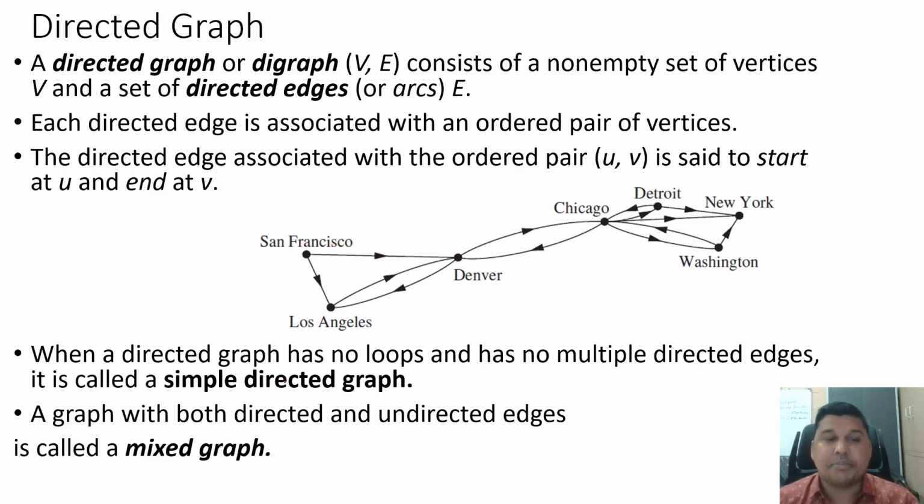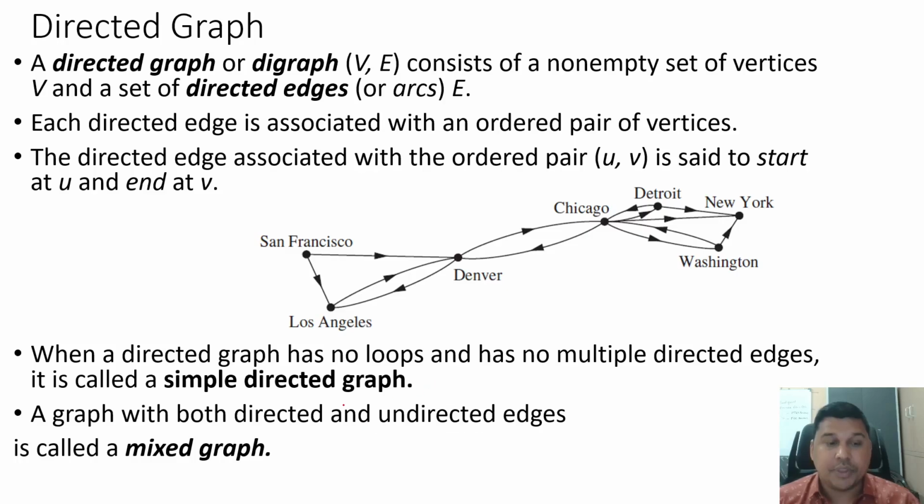Again the same thing, if it has no loops and no multiple edges, then it is called a simple directed graph. If it has no loop, no multiple edges and it is directed, then we say it is a simple directed graph. Otherwise, a graph which contains everything, loops, multiple edges and direction, and undirected, right?